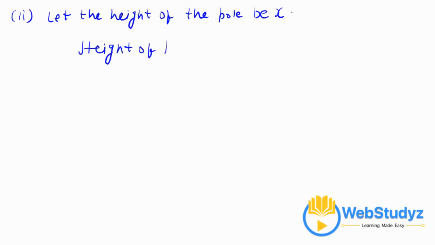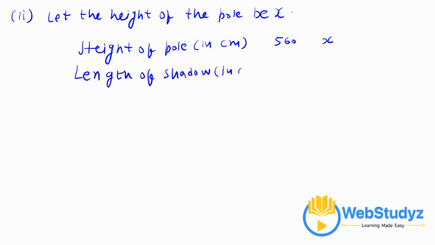Let the height of the pole be x. So as per the question, the height of pole in centimeter is given as 560, and we have to calculate the value x, and the length of shadow in centimeter.